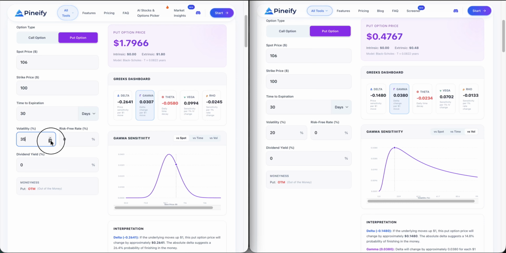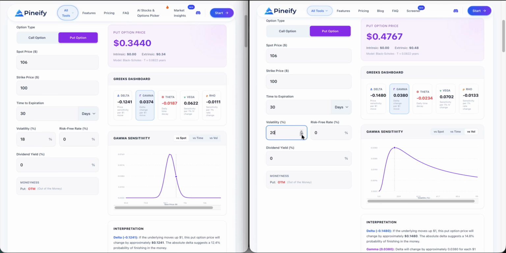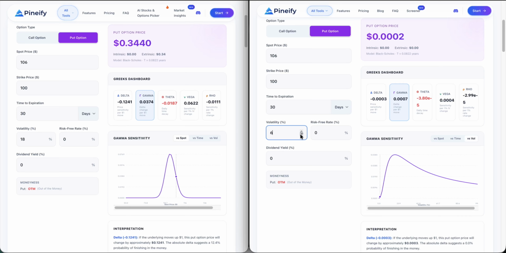So basically what happens is that as we remove the volatility, the option simply becomes too far out of the money to ever become in the money. And so that's why when we reach this level of volatility, the gamma goes out of the window and goes down the cliff.